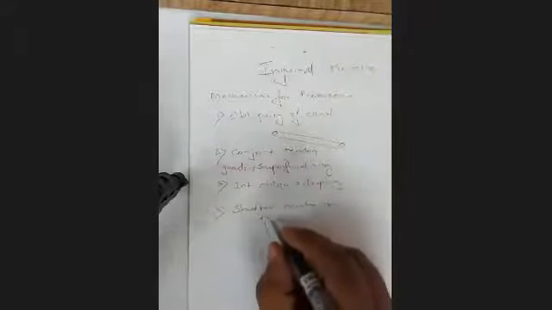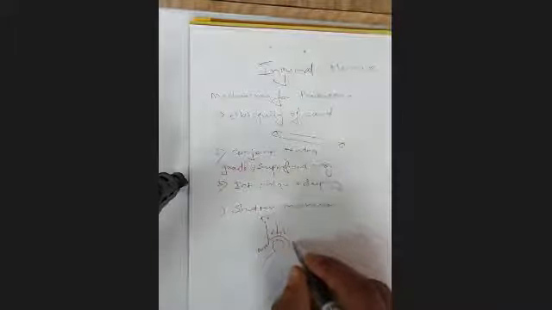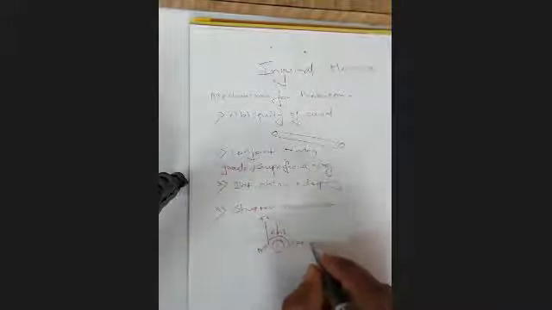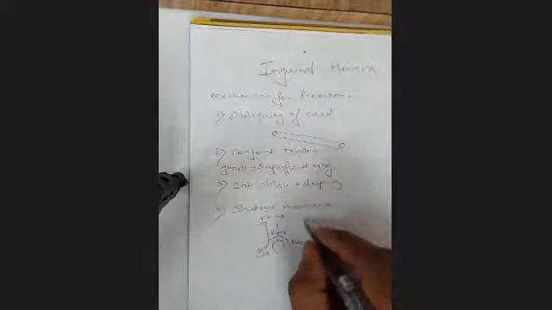So whenever the internal oblique muscle contracts, it approximates the anterior wall with the posterior wall and the roof. This is the shutter mechanism of internal oblique.